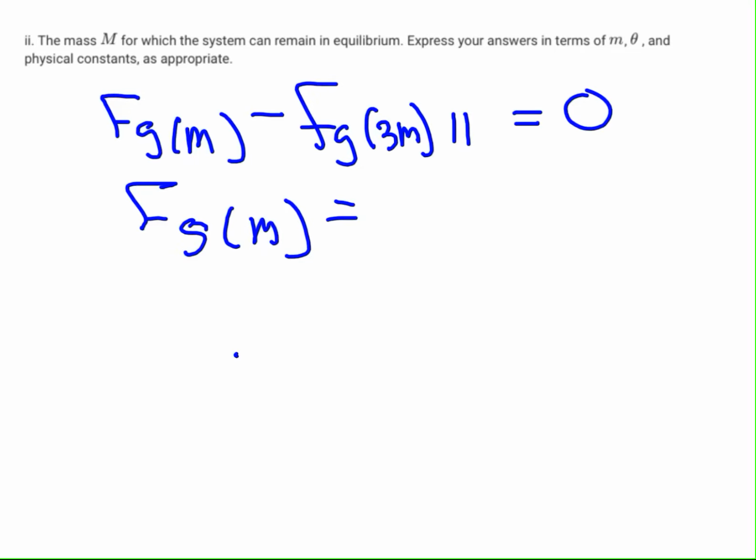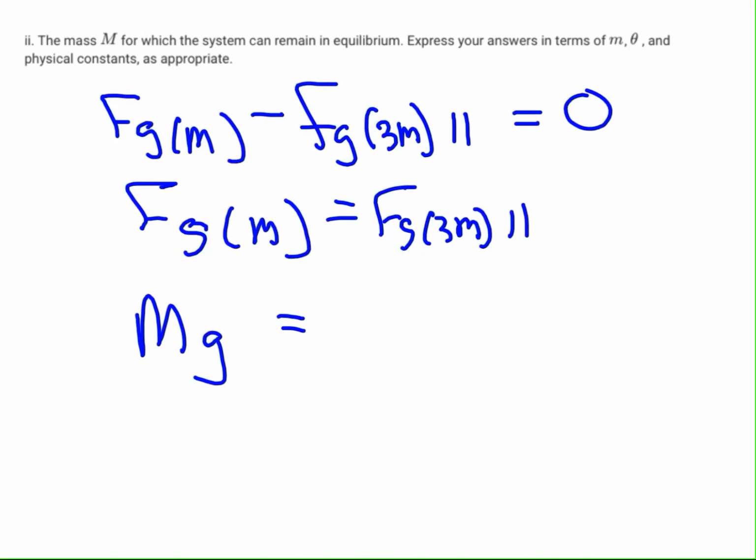So we get big M g equals 3, sorry, 3 little m g sine theta.